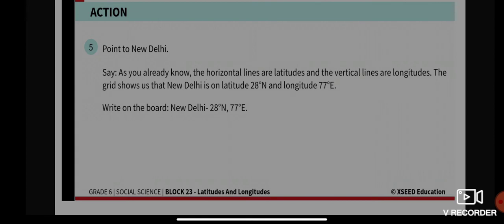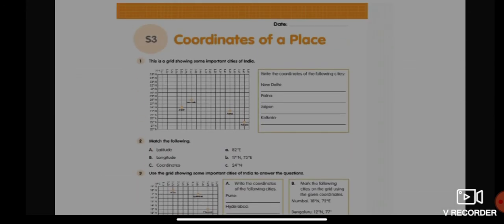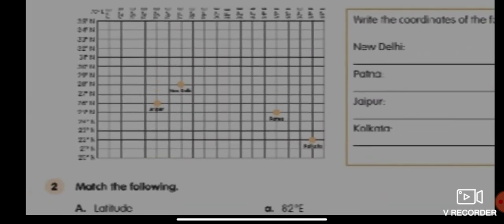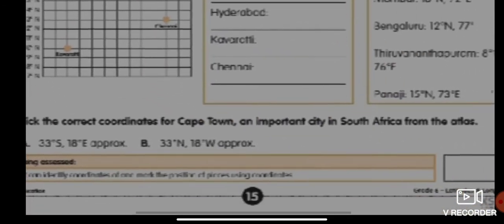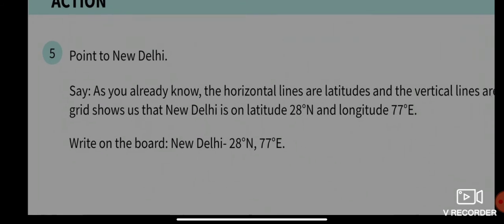So the grid shows us that New Delhi is on latitude 28 degree north and longitude 77 degree east. You'll see here from the grid that New Delhi is at 28 degree north latitude and 77 degree east longitude, 28 and 77.